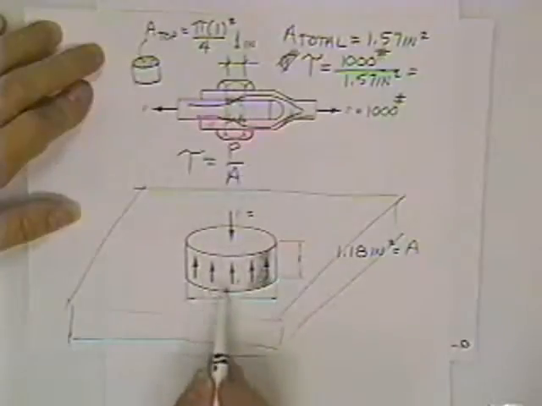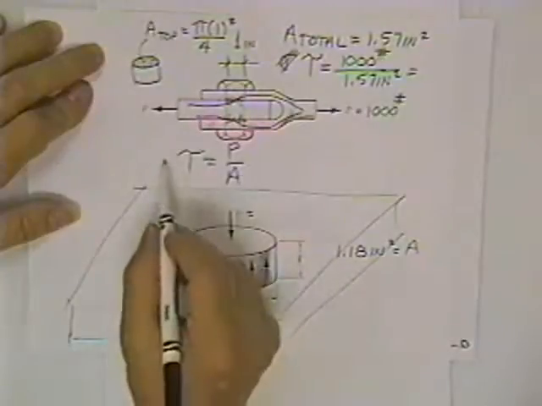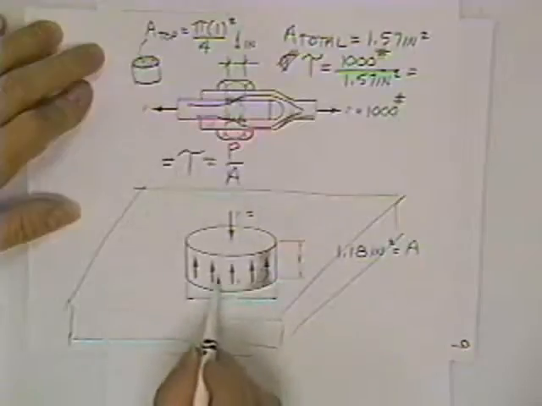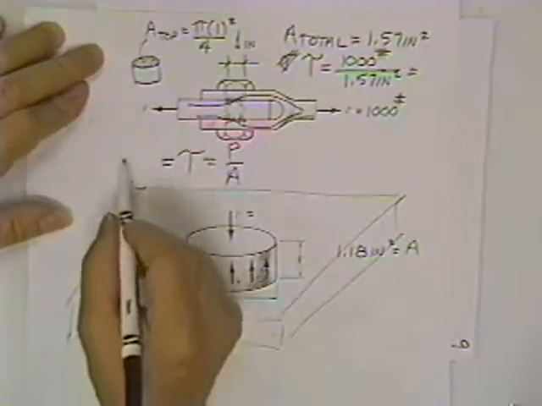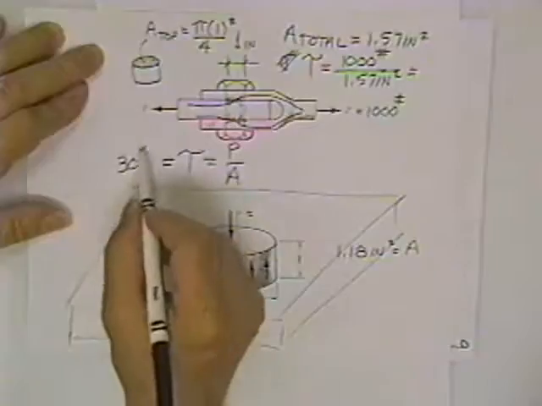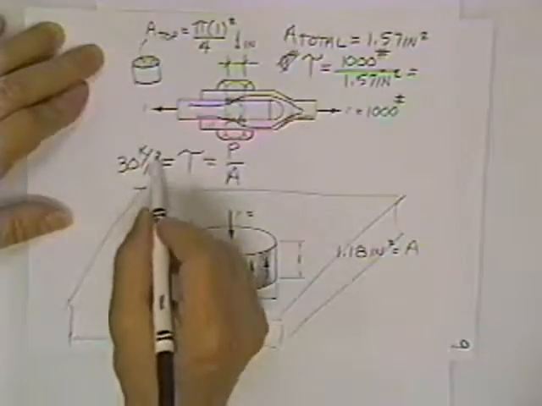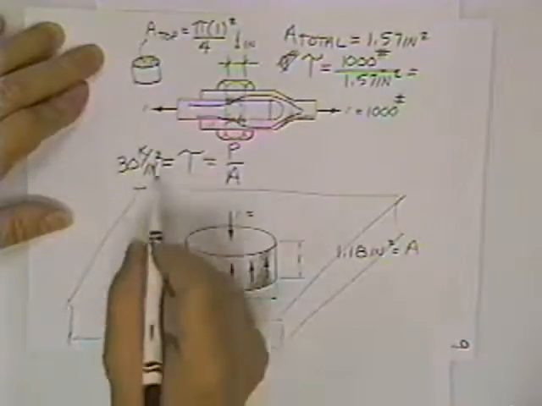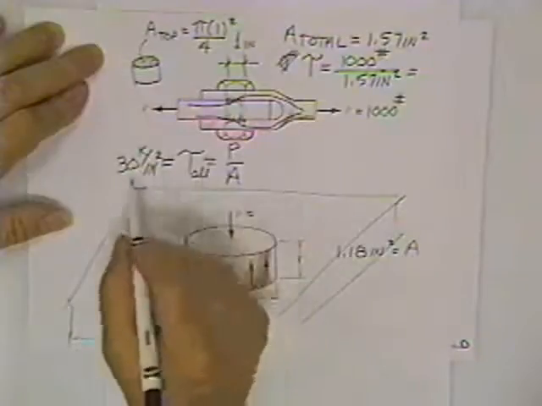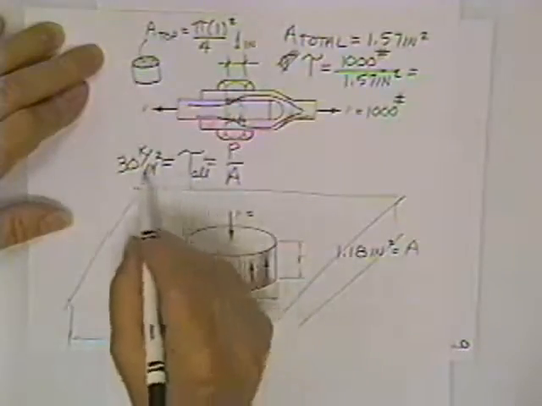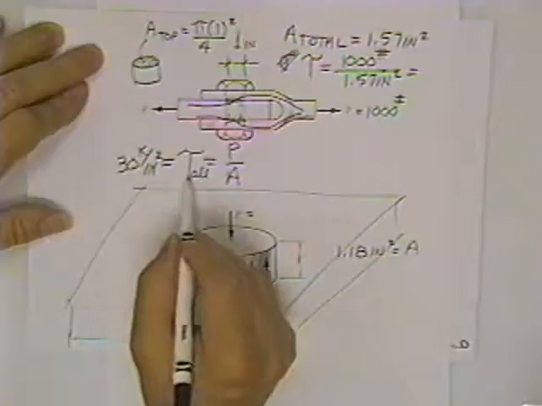I would have to go to a materials person or go to a book and find out how much shear stress this kind of metal can take. Perhaps it could take 30 kips per square inch before it failed. Then I would put that allowed value or that failure value in my equation.